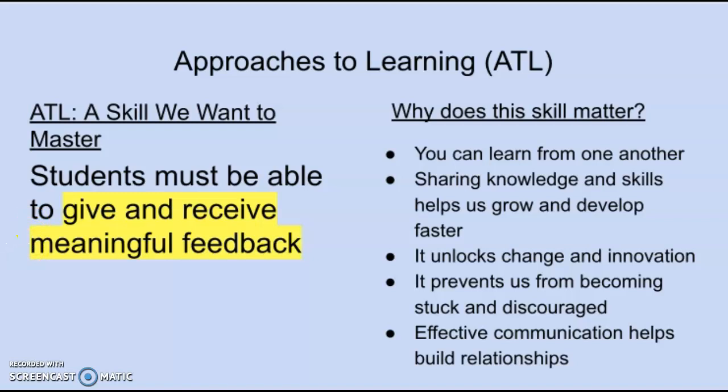This skill is important for several reasons. First, you can learn from one another when you're giving and receiving feedback. Sharing knowledge and skills helps us grow and develop faster. It unlocks change and innovation. It prevents us from becoming stuck and discouraged, and effective communication helps build relationships.